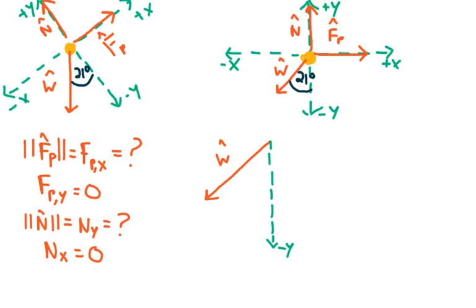I'm just going to draw a line straight over to my negative y-axis, and we know that the angle is 21 degrees. When we solve for this side of the triangle, that's going to be the x component of the weight, so the bottom side of the triangle is Wx. And the vertical side of the triangle is going to be the y component of the weight, W sub y.